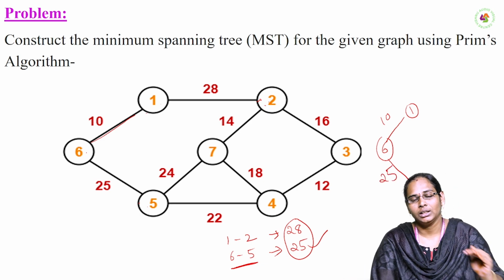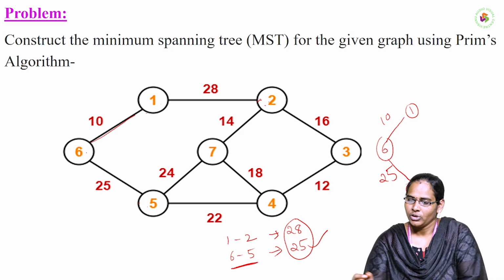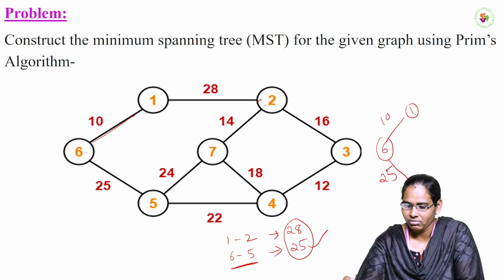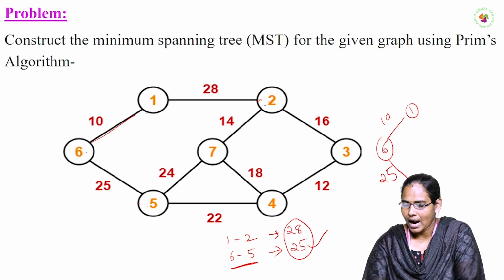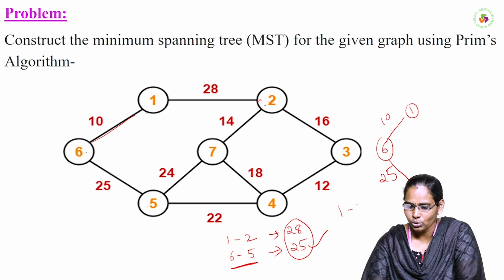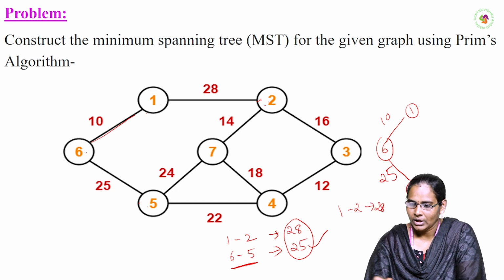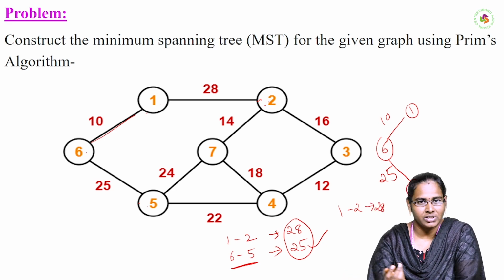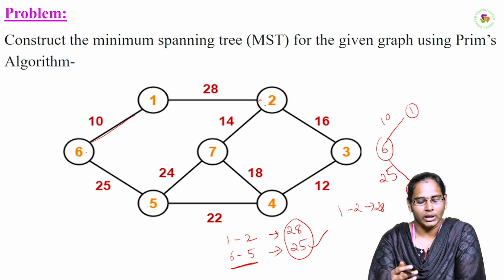Now again we repeat the same procedure. Again we have the vertex 1, the vertex 6 and the vertex 5. So again 1 to 2 we have an edge with the cost 28. Again 6 to 1 already visited, 6 to 5 already connected.